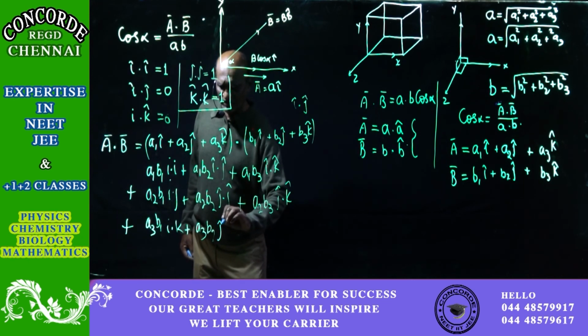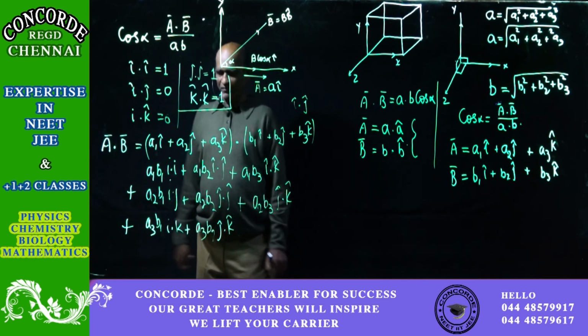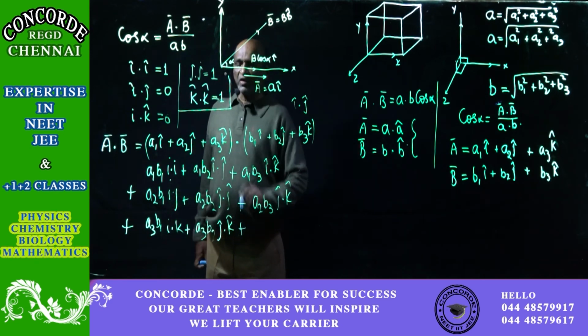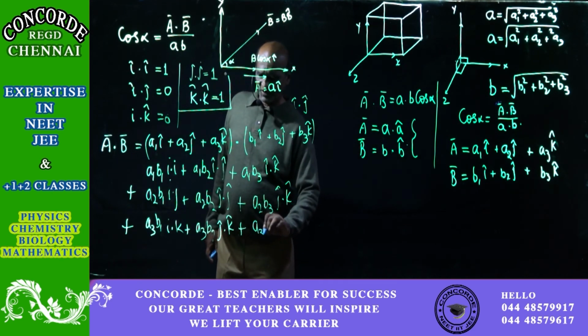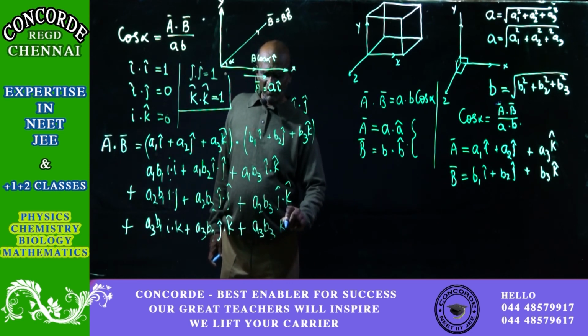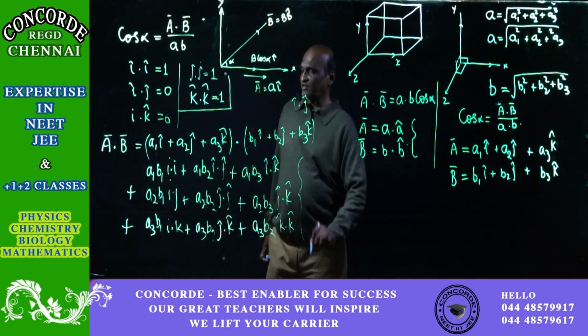So here also we will therefore write it as J dot K. So this is common, we can add it up. Then plus A3K B3K. So it will be after the multiplication A3 B3, and it is going to be K dot K. Unit vector is understood.